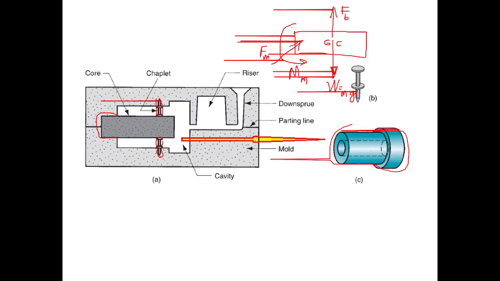Well, if the surrounding fluid is air, atmospheric air, the density of atmospheric air is in the order of 1.2 kilogram per cubic meter.